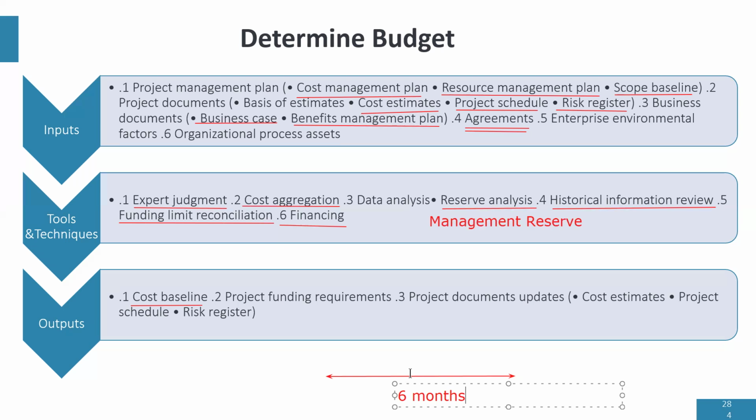You're going to need 100 million to cover project activities for the first 6 months, right? So this is what you need.